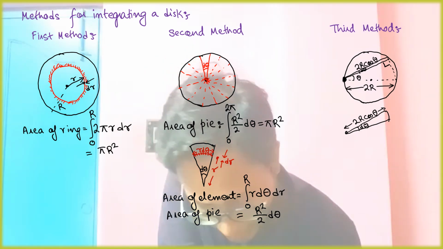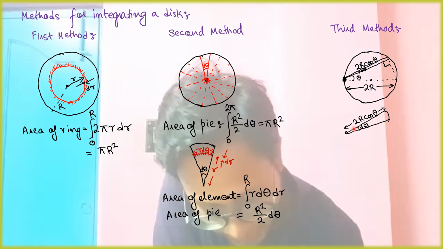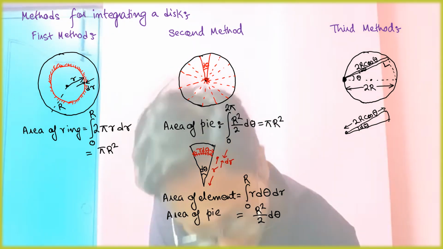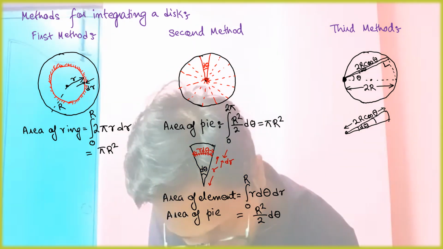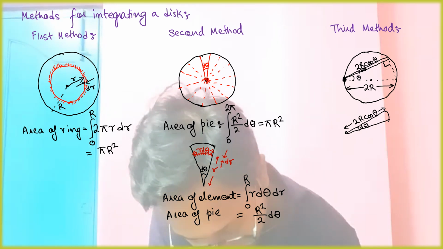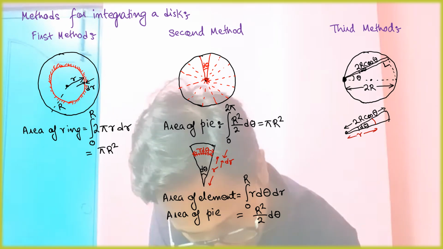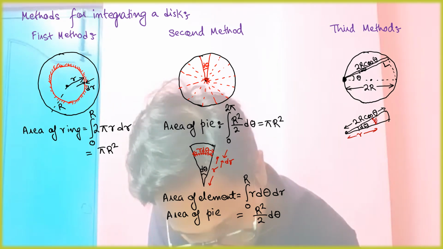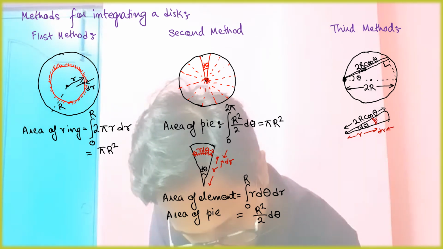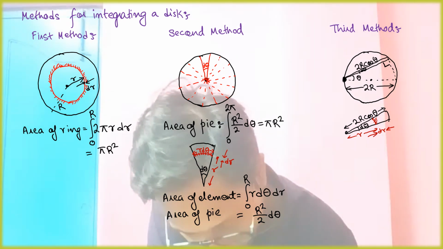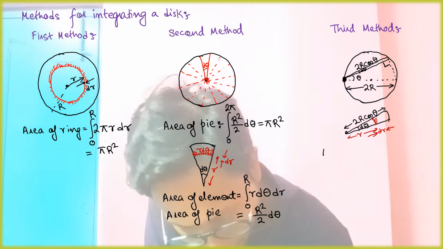Okay, and how do I find the area of this pi? So for the area of the pi, I take an elemental length out here, at radius r, of thickness dr. Okay, I use the same method that I used out here. So what is the area of the element?